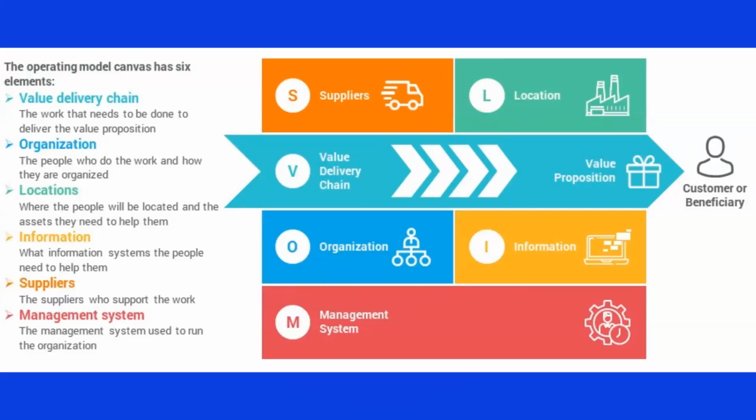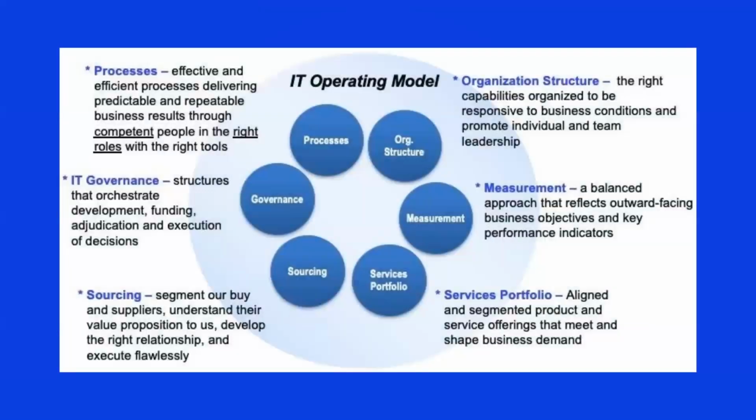From an IT perspective, and I know I will pause after this because I know Alim wants to just add a couple of things here, but you can see the 6 things in a pretty standard IT operating model. And these are the things that we're going to be talking about today and focusing on. As part of any IT operating model process improvement journey, there's a couple of phases that you have to go through.